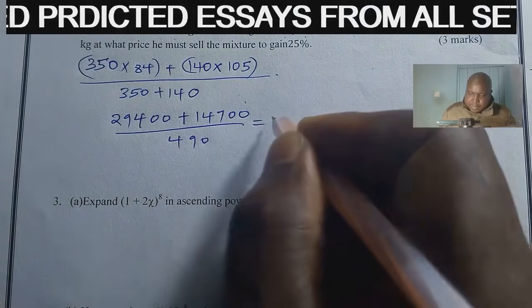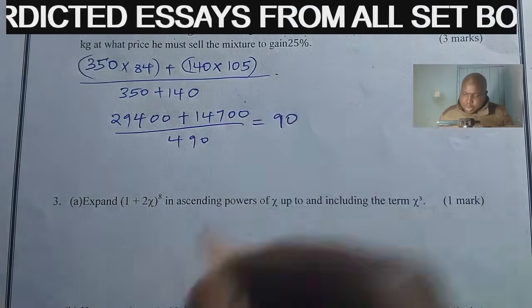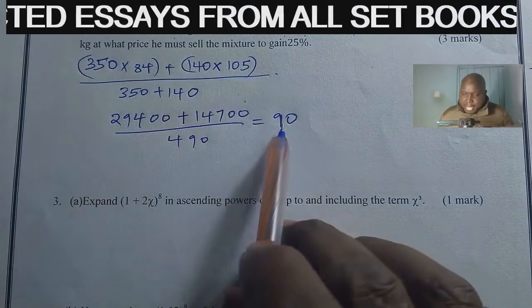And the answer is 90. So this mixture was sold at Kenya shillings 90.